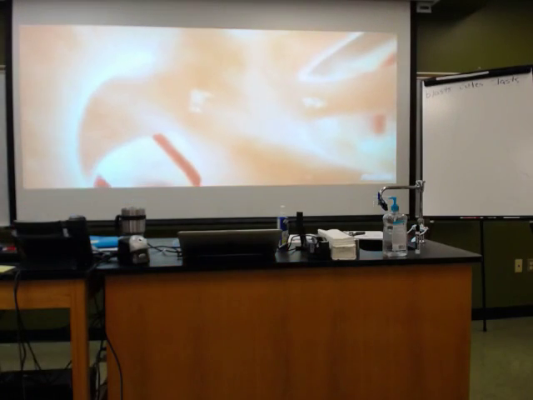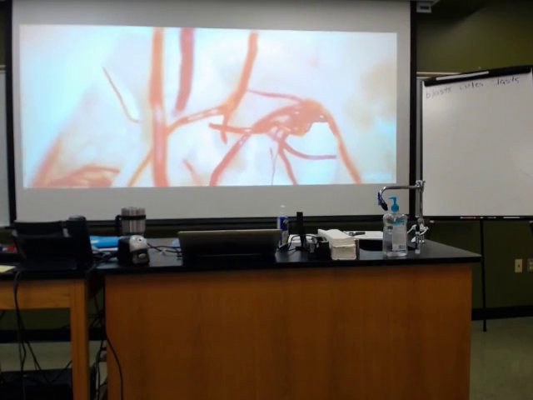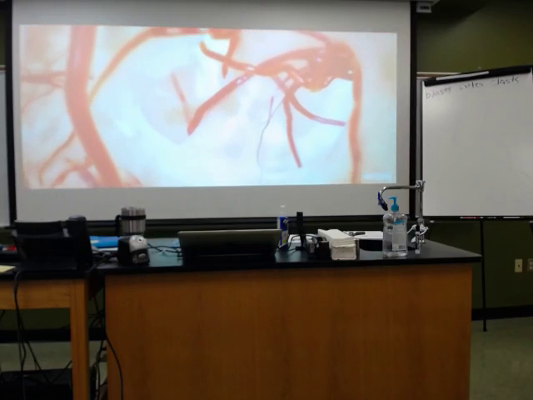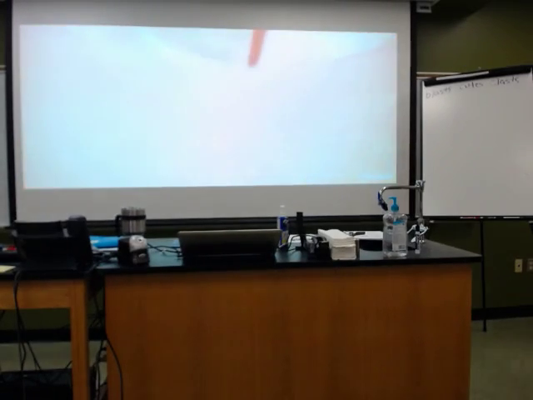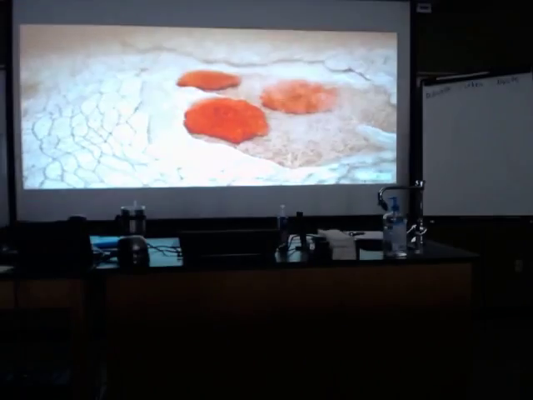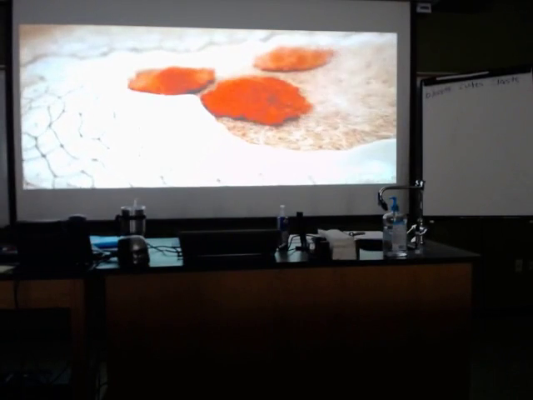Bone is a dynamic tissue that is continually being built, broken down, and rebuilt in a process called bone remodeling. Bone tissue is broken down and resorbed by multinucleated cells known as osteoclasts. These cells are derived from monocytes, which originate within bone marrow.